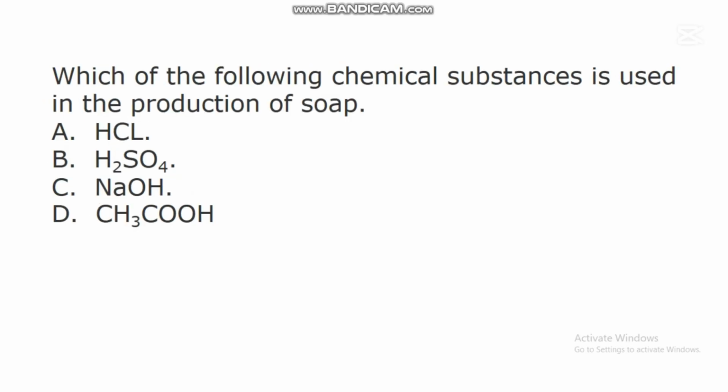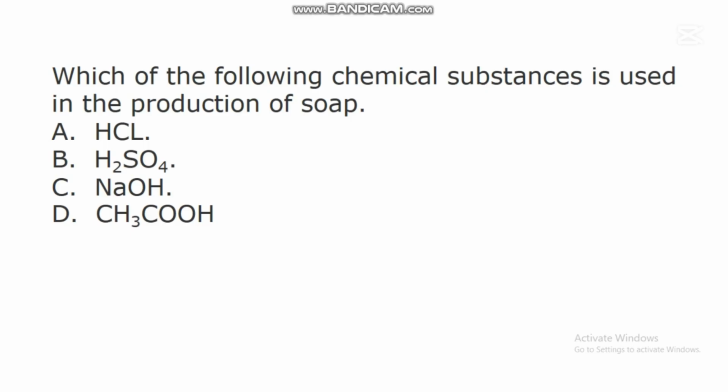The next question says, which of the following chemical substances is used in the production of soap? A. Hydrochloric acid. B. Tetraoxosulfate(VI) acid. C. Sodium hydroxide. D. Ethanoic acid.